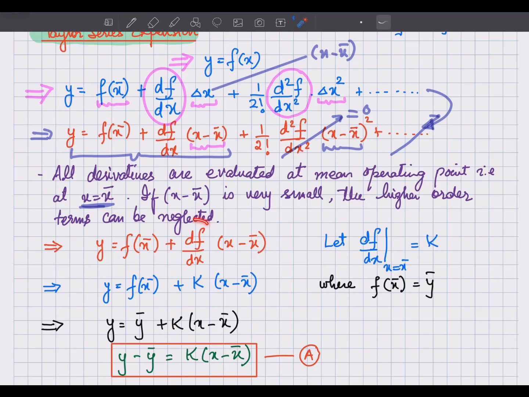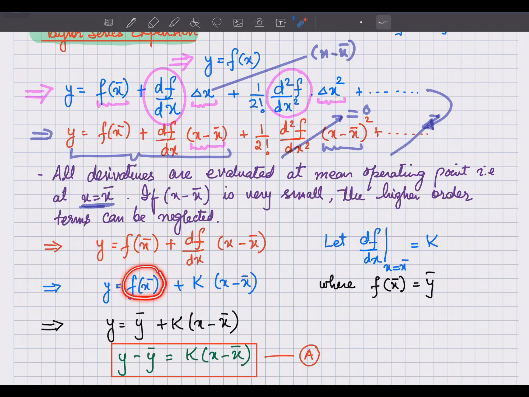Okay, now let's suppose that this df by dx, that is the derivative of the function at the selected operating point, that is x is equal to x bar, is equal to k, right? So this equation can be written as y is equal to f(x bar) plus k into x minus x bar, and what is this f(x bar)?